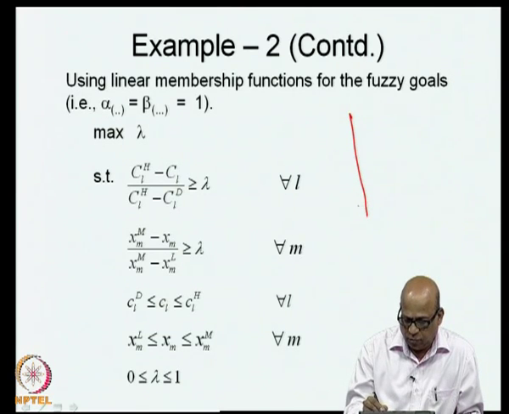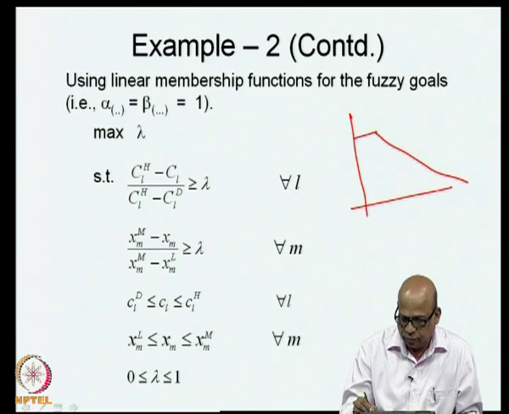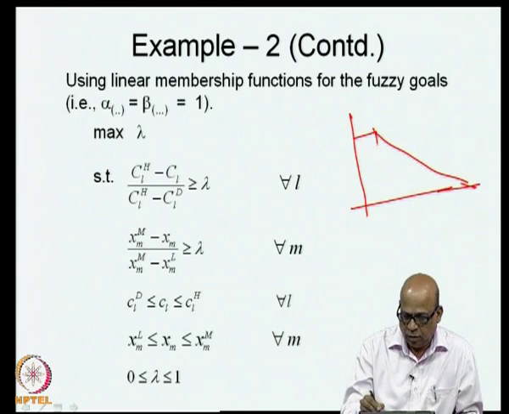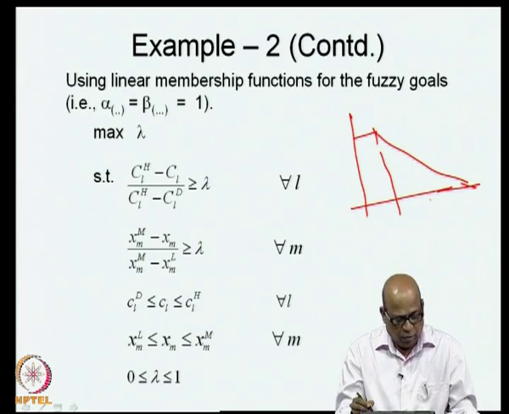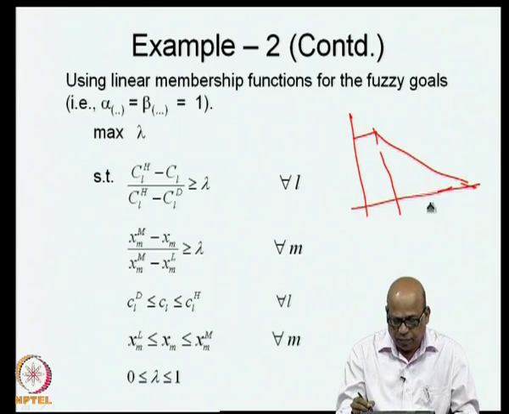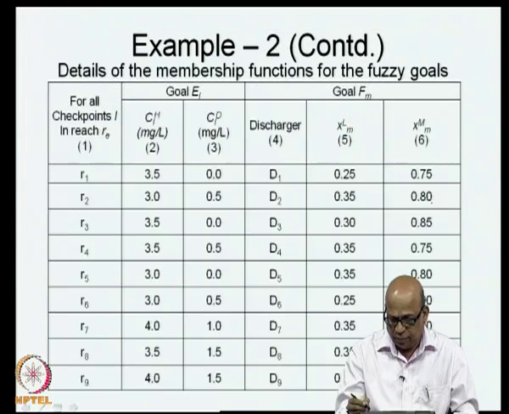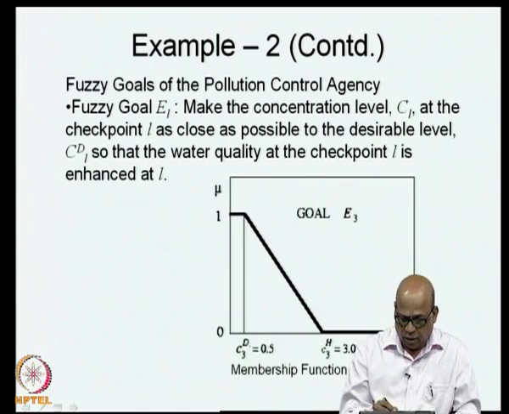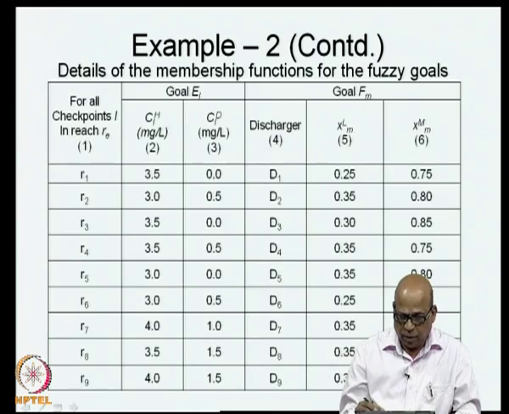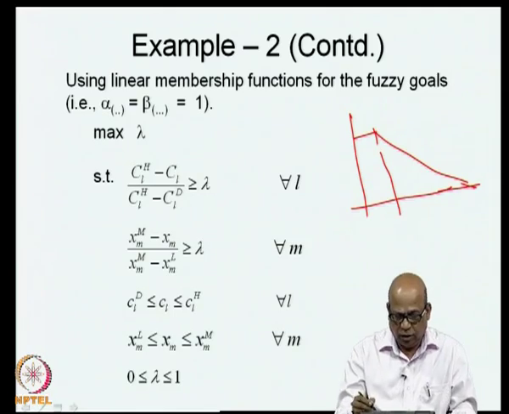As I said, because we are talking about DO deficit, we may say the lower the better, and we will put a desirable level for the DO deficit as CLD and a permissible level of CLH.